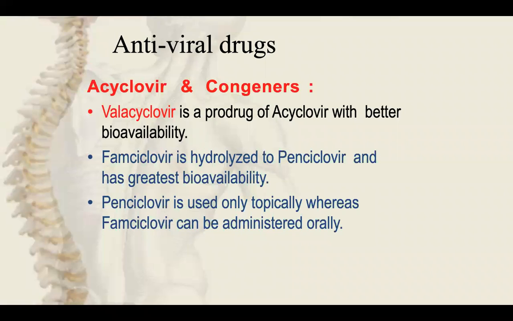There's valaciclovir. It is a prodrug of acyclovir with better bioavailability. Then similarly, famciclovir is hydrolyzed to penciclovir and has greater bioavailability. Now, penciclovir is used only topically, whereas famciclovir can be administered orally.